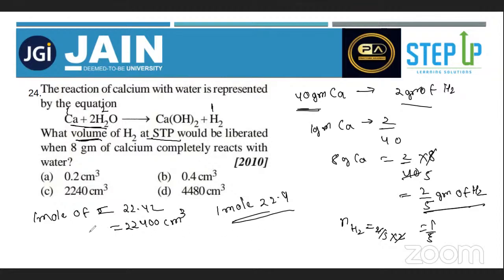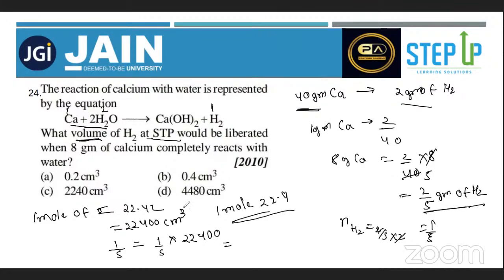So 1 by 5 mole will be 1 by 5 times 22400 cm3.